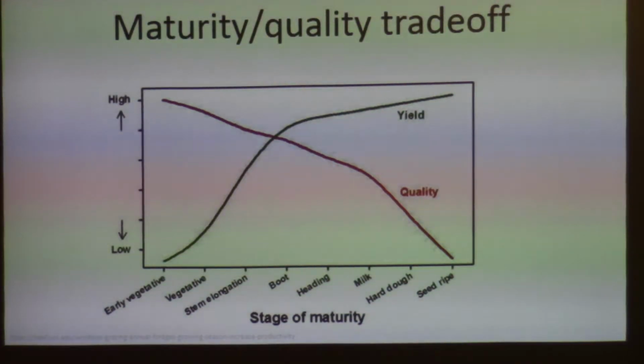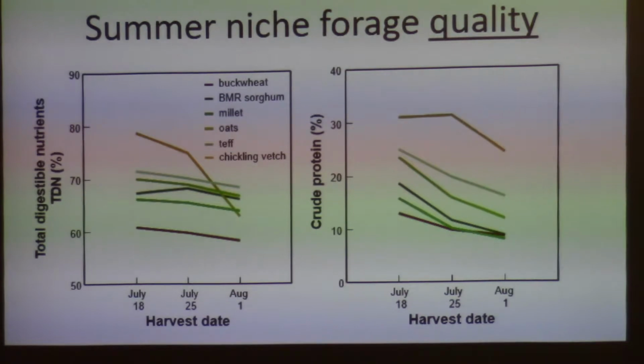And so I wanted to show you what that looks like with our data, and I'm just going to show you the summer niche species to keep it simple. And sure enough, 2 kind of variables of forage nutritional quality, total digestible nutrients, and crude protein. You can see that in all cases, as we delay harvesting, those tend to decline, right?